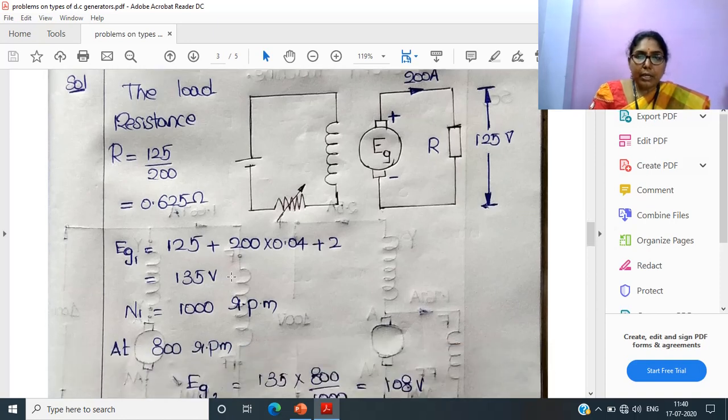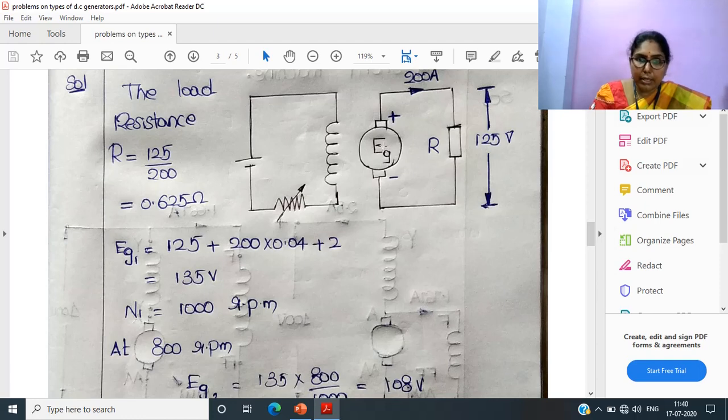Now there are two conditions, condition 1 and condition 2. When the machine is running at a particular rpm, we call it condition 1. We calculate EG1, which equals the load voltage, also called terminal voltage, plus the armature current into the armature resistance. The armature current and load current are one and the same here.